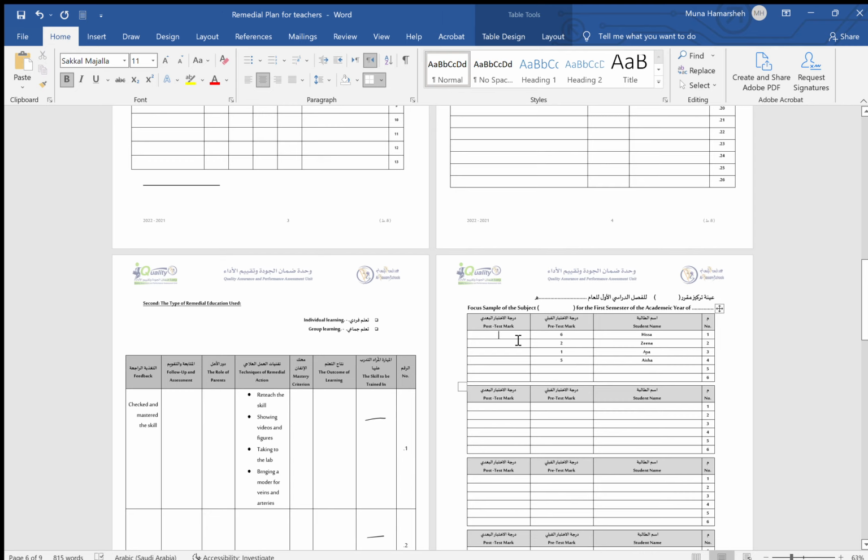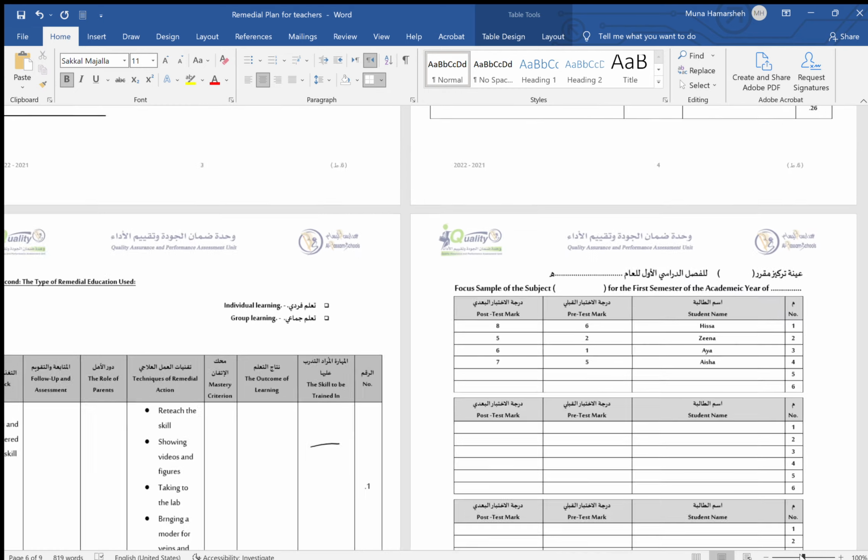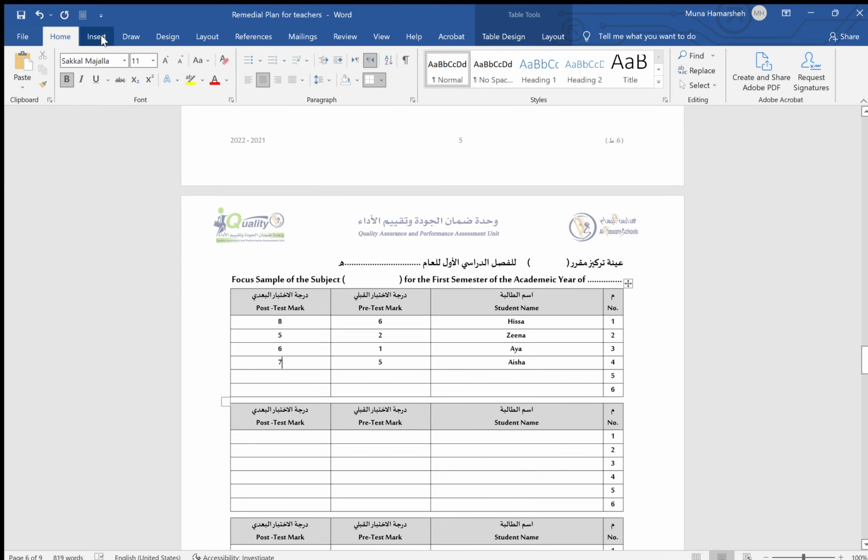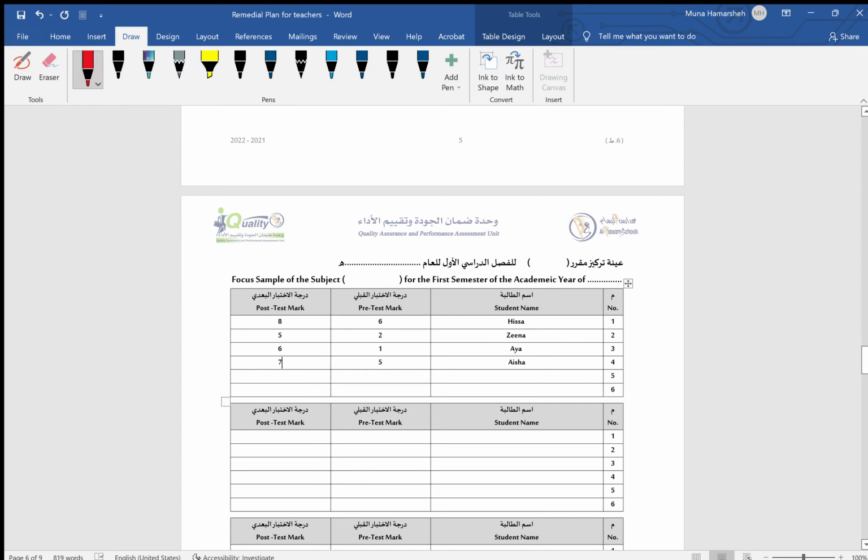Then, after I'm done with the unit, I will go for the unit test, and I will check their marks in the unit test. Hessa got 8 in the unit test, while Zaina got 5, Aya got 6, Aisha got 7. So from the unit test, I can see that some students are still in the focus group, Zaina and Aya, while Hessa and Aisha are done.